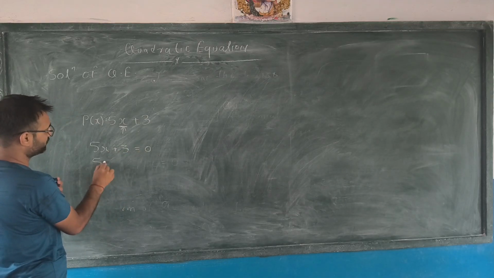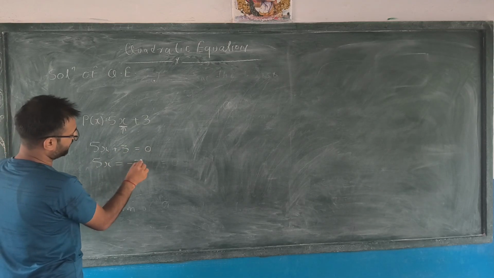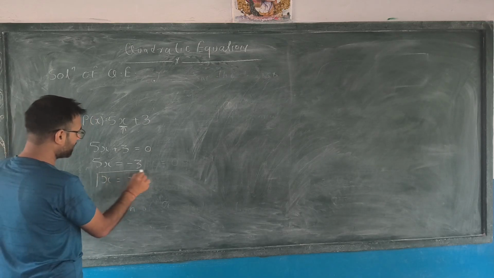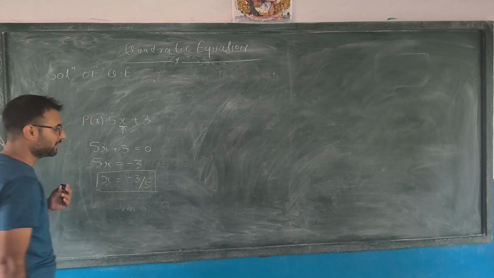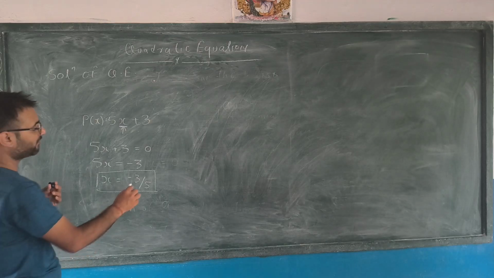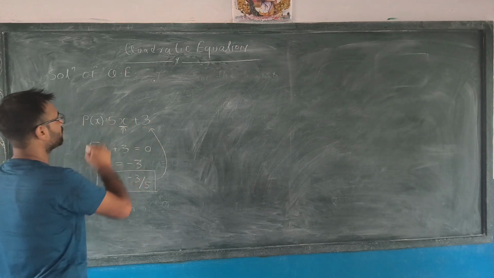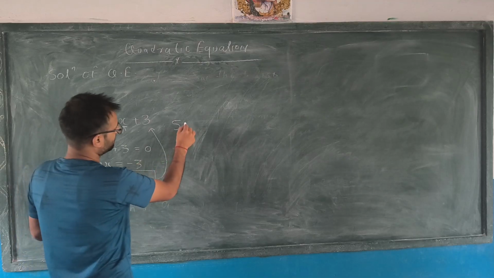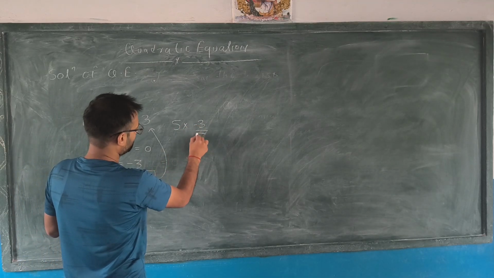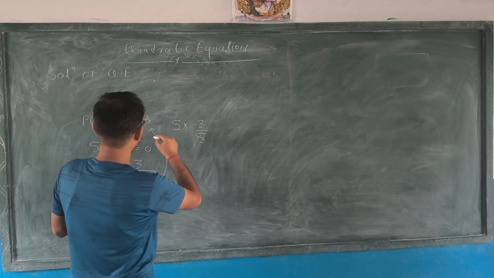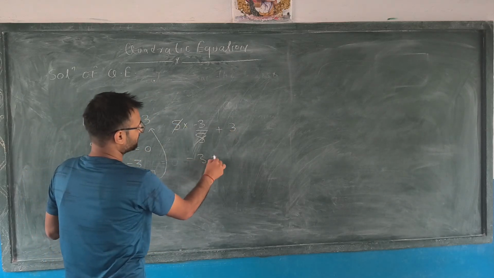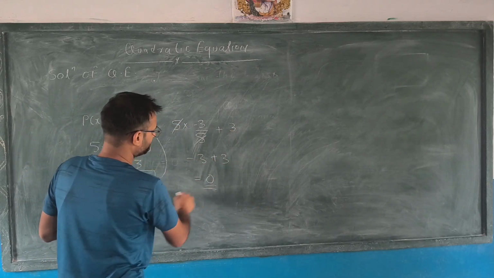Now we solve it: 5x equals minus 3, so x equals minus 3 by 5. Now put that particular value in the polynomial: 5 times minus 3 by 5 plus 3, that is minus 3 plus 3, and the polynomial becomes 0.